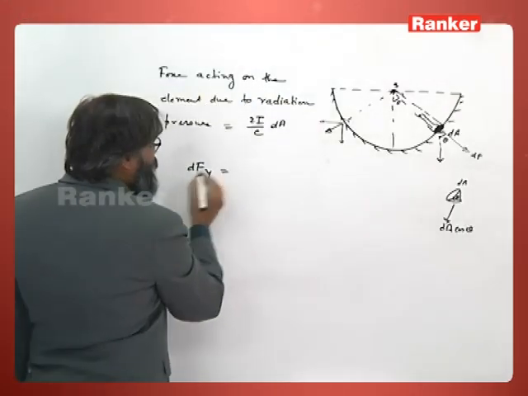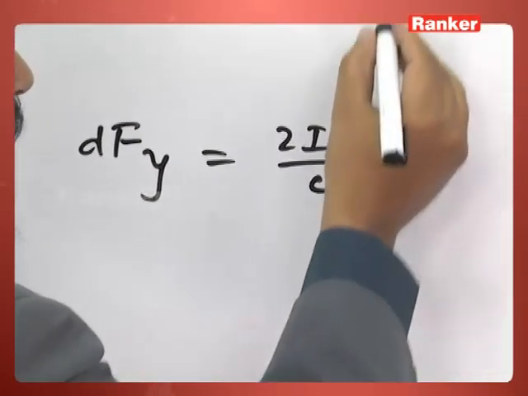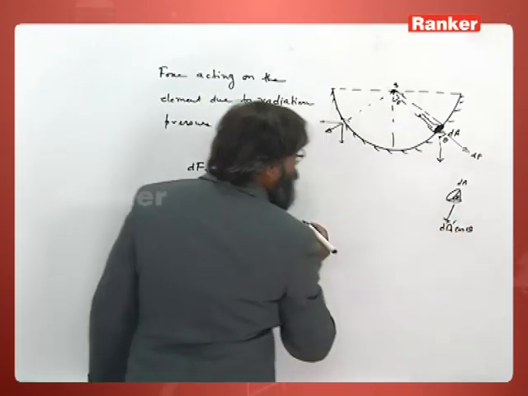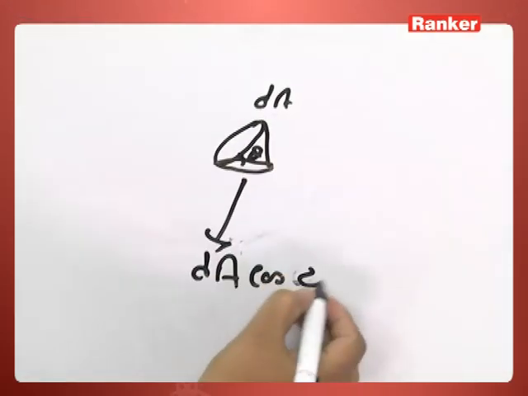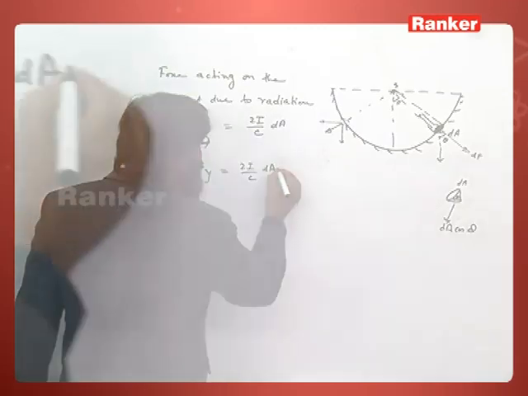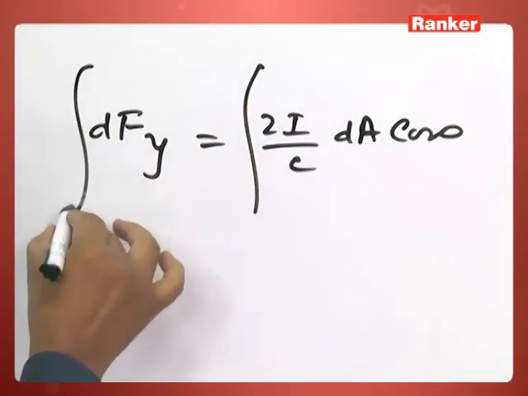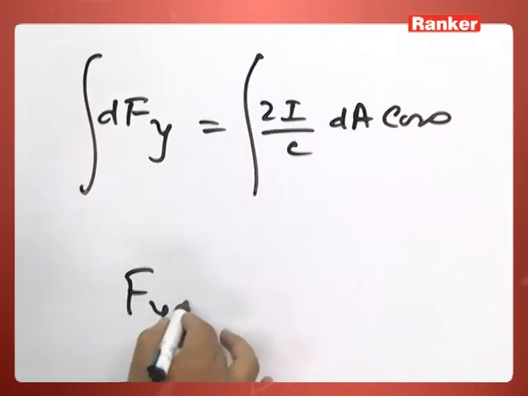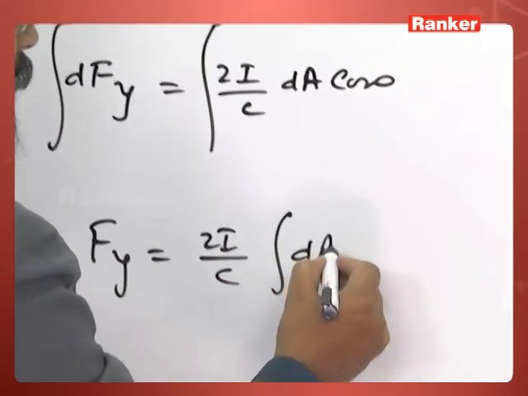So since we are interested in dF y, I will write this as 2I by c into dA cos theta. Now we want the total force, so I will integrate it. So the total force on the y will be 2I by c integral dA cos theta.